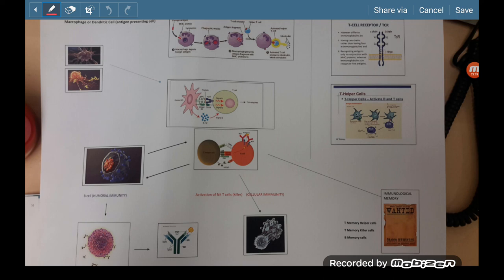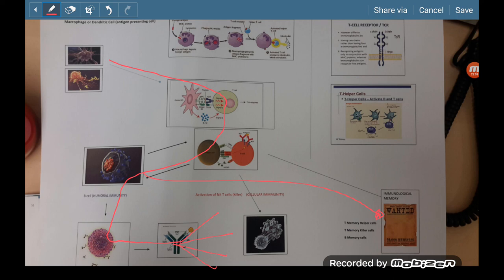And so the humoral pathway has been antigen presentation, T-cell activation, B-cell activation, the production of effector cells, called plasma cells, the production of soluble antibodies, which then flood the system. On the back of that, we also have the production of B memory cells, which lead to immunological memory. So that is the humoral response in the specific immune system.